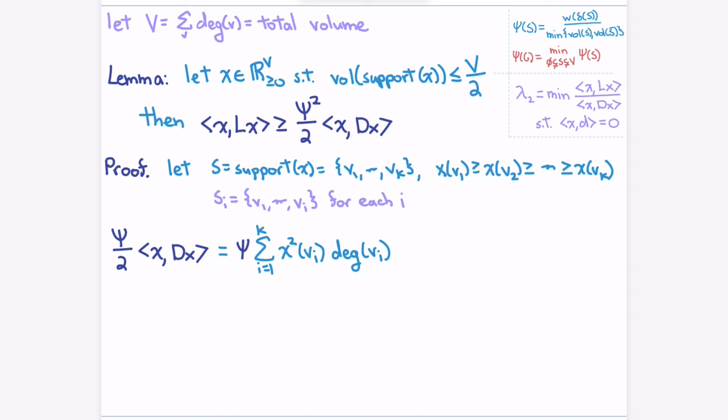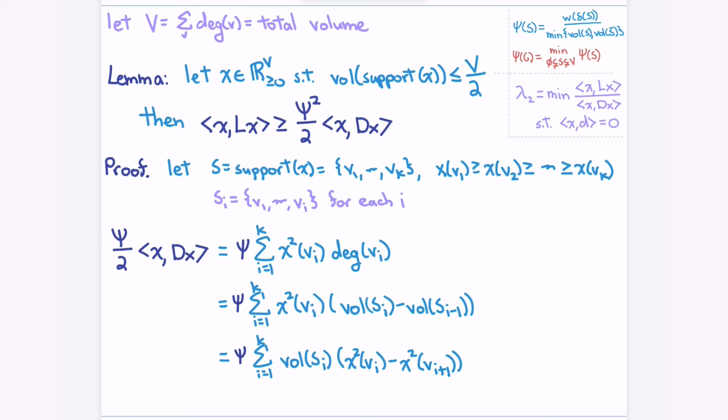This step is kind of neat. The degree is the same as the difference in volume between the top 10 vertices minus the top 9 vertices, right? The only difference is the degree of the 10th vertex. And then we'll interchange sums, between volume and x squared.